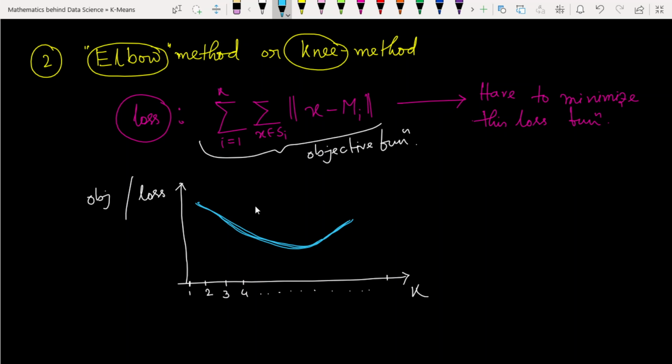If you visualize it, this is a knee-type or elbow-type shape.